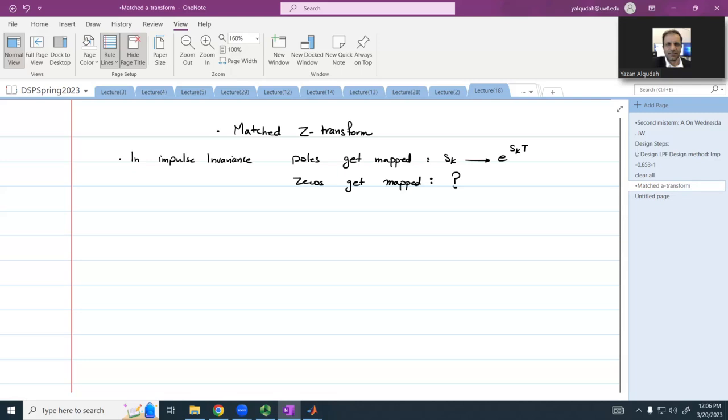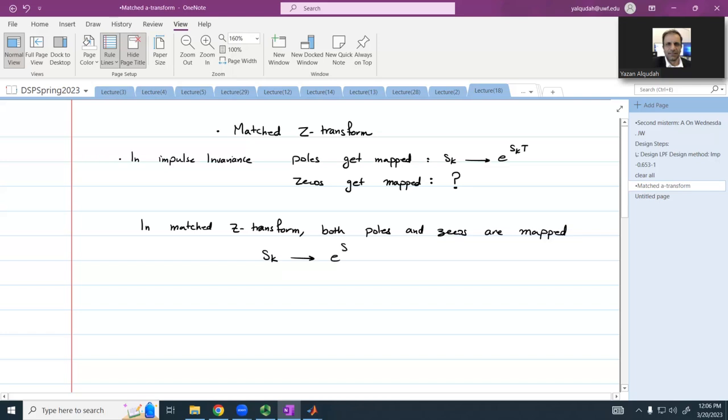In the matched Z transform, both poles and zeros are mapped using e to sk multiplied by t.